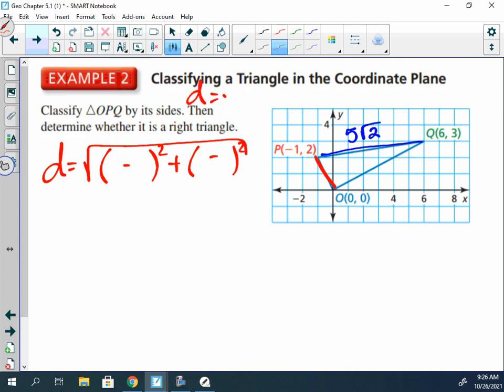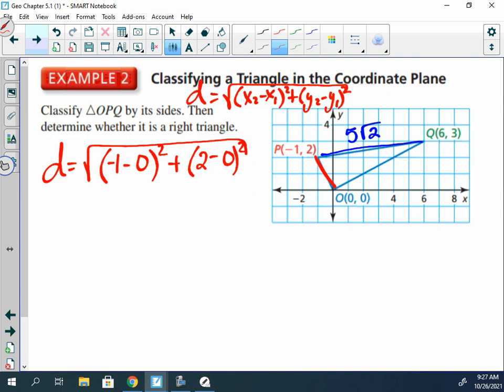I should just write this in so that we have it: x2 minus x1 squared plus y2 minus y1 squared. Now, the x values for this here are -1 and 0. So we have -1 minus 0. Our y values are 2 and 0.